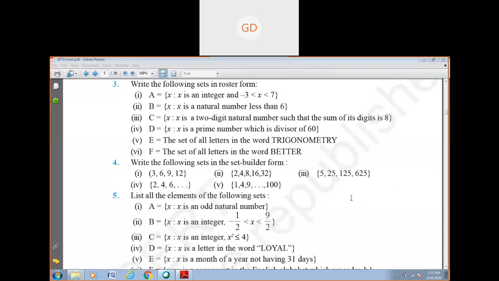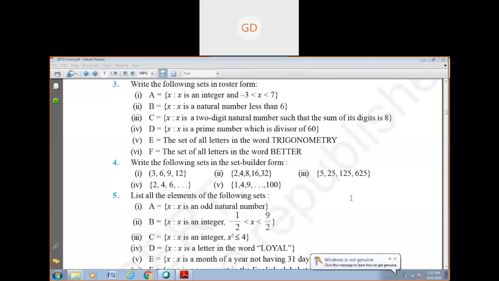Look at the next example, B: x such that x is an integer, comma, greater than minus half, and must be less than 9 by 2.